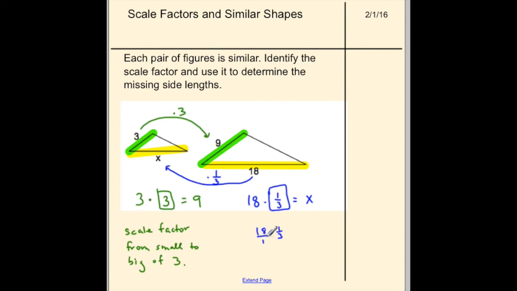Well, I'm going to write that as 18 over 1, and I'm going to cross cancel because I love cross canceling, and so that is going to be 6 is equal to my x. So x here is 6, and I don't know the units here, so I'm just going to say it is 6 units long. And I did that by using the inverse of the scale factor, multiplying to come here, dividing or multiplying by the reciprocal to go back.